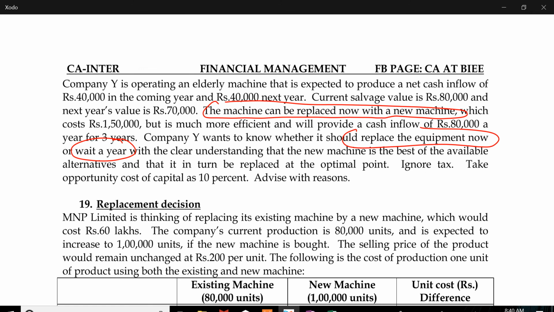So the problem is not whether to replace or not. They have already decided that they will go ahead with replacement. So no positive, negative, I am not going to debate all of that. The only thing is, do you want us to replace it now or wait a year later? Let's analyze both scenarios and then we'll give an advice to them.